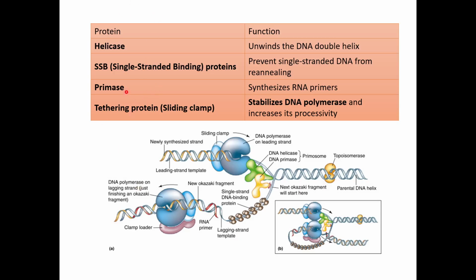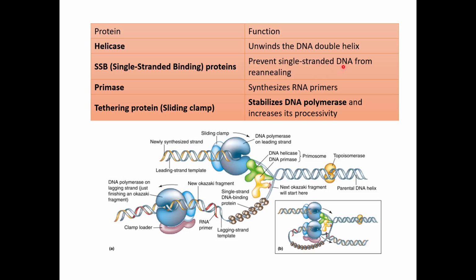So this is a table in which you can see different proteins which attach in this process. We have the helicase, which unwinds the double helix of DNA so that the DNA pol can access the single stranded DNA molecule, and we have single stranded binding proteins or the SSB proteins.